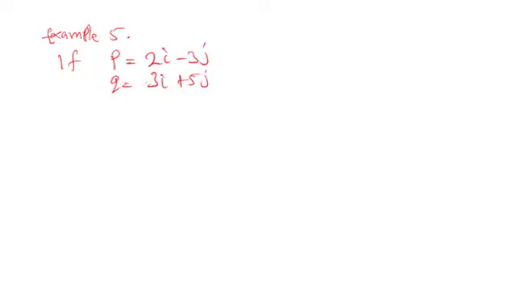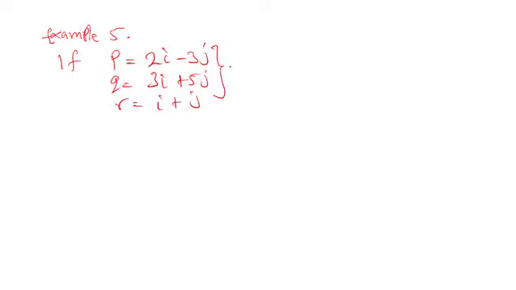Now let's proceed to example 5. If P is equal to 2i minus 3j, and Q is equal to 3i plus 5j, and R is equal to i plus j.